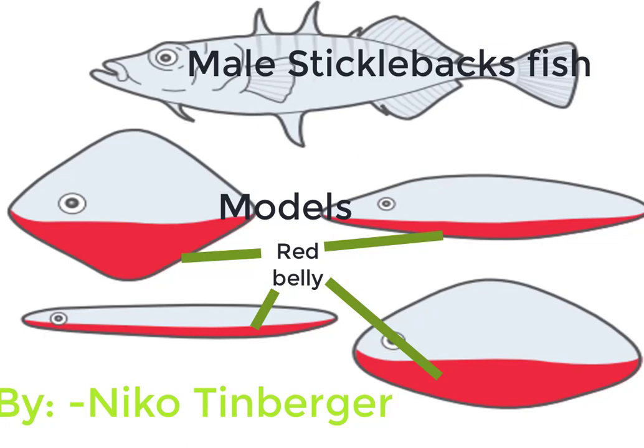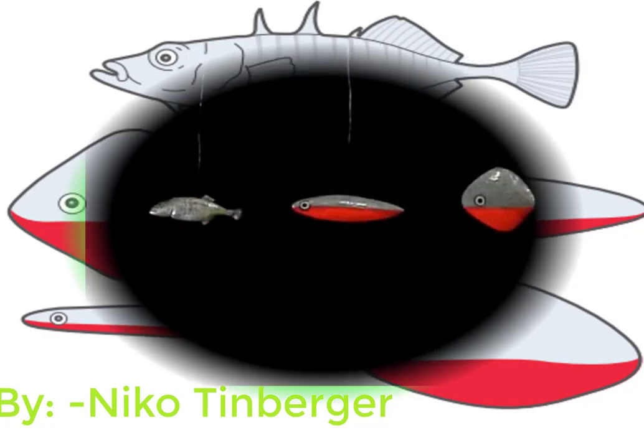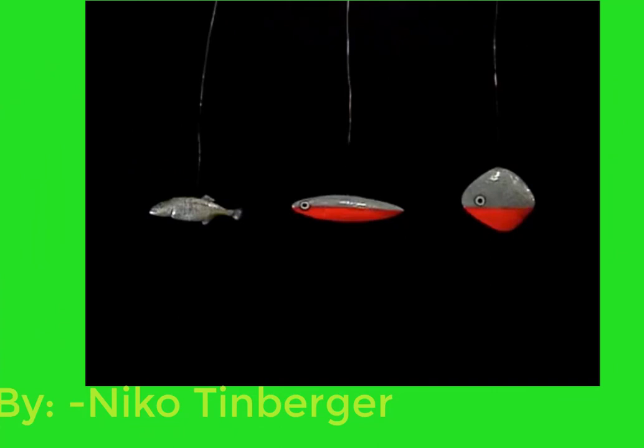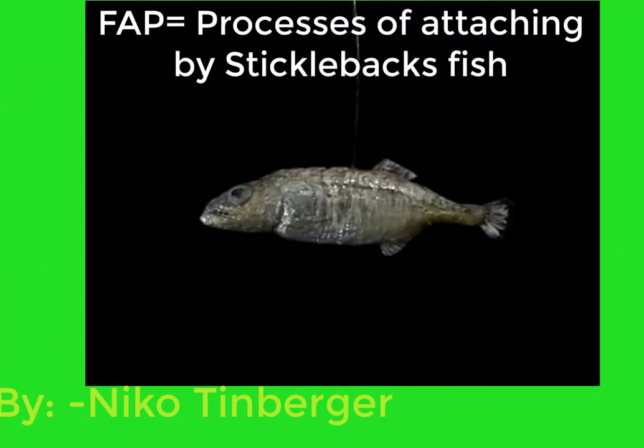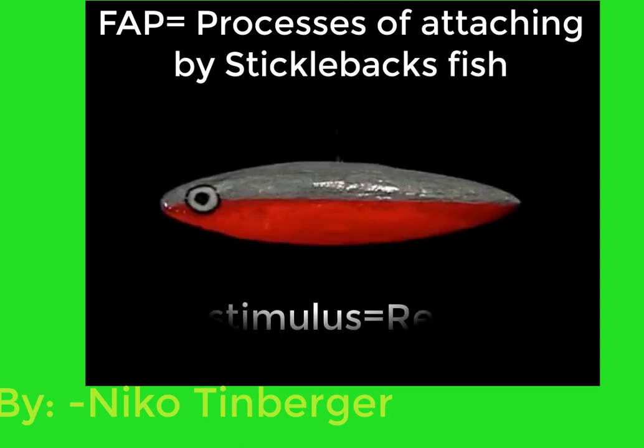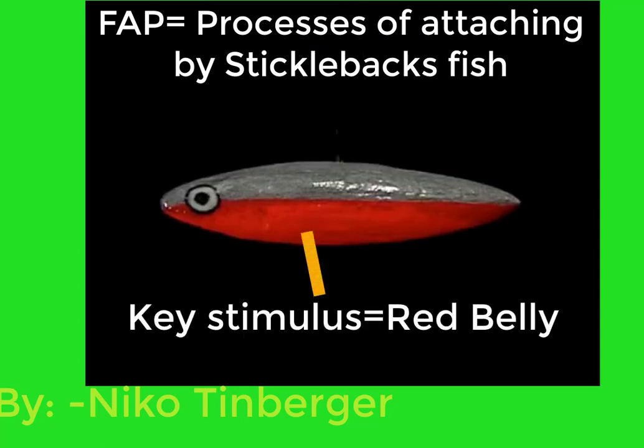In this famous experiment, the great ethologist Niko Tinbergen was able to show that the key stimulus was the red belly of the entering male. The defending male attacked any non-fish model that had red on its ventral or lower surface. In this experiment, the process of attacking by male sticklebacks is fixed action pattern and the red belly was key stimulus.